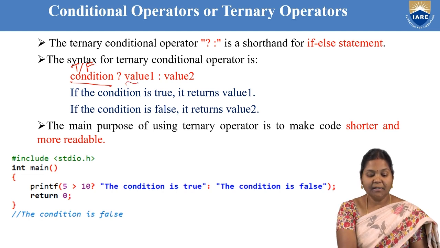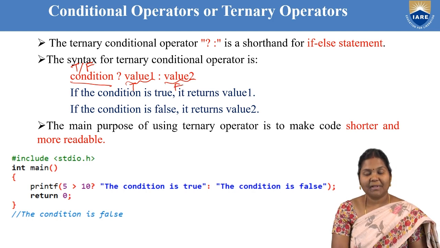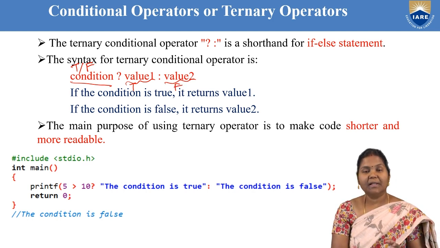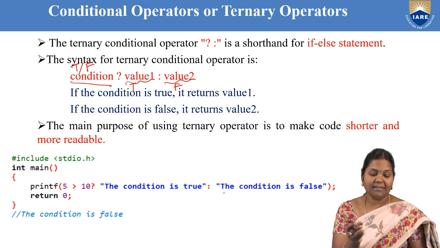In the ternary operator, there are two parts: one is called the true part and one is called the false part. If the condition is true, then the true part will be the output. If the condition becomes false, then the false part becomes the output. The main purpose of the ternary operator is to make the code shorter, simpler and more readable.